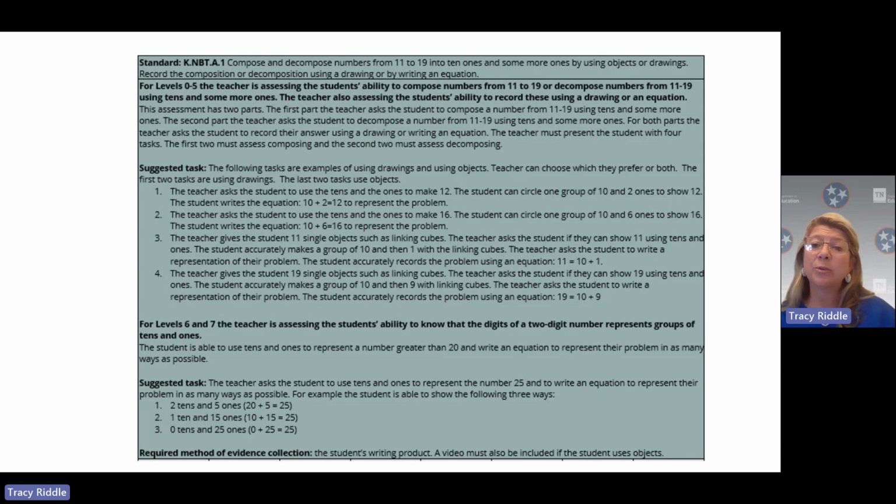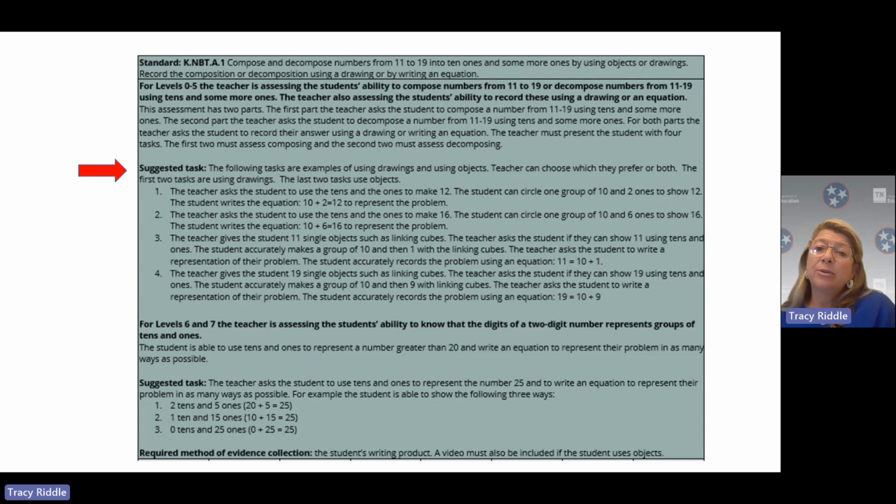The teacher is going to present the student with 4 tasks. There will be 2 composing tasks and 2 decomposing tasks. Also, with each task, the student must also record how they composed or how they decomposed, whether that was with drawings or with an equation. The suggested tasks are some examples.